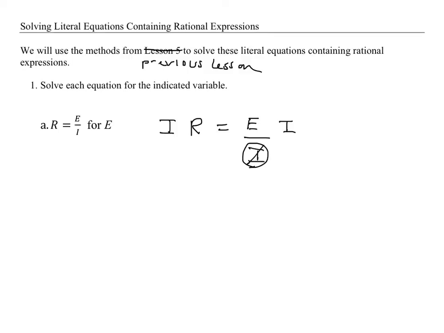If I do that, these I's will divide out just like regular numbers, so E is equal to IR. It doesn't matter which way you write it. Usually in math you write the variable you're solving for on the left-hand side and all the other stuff on the other side.